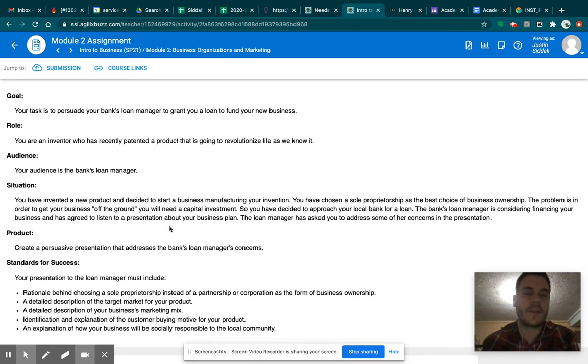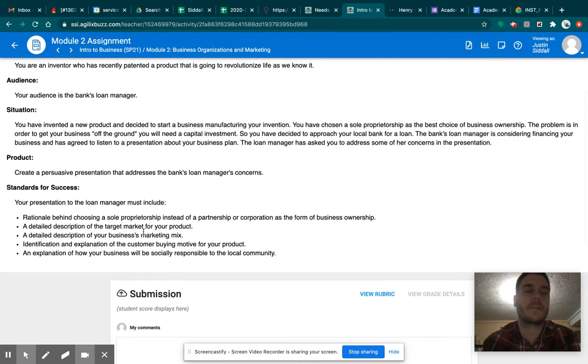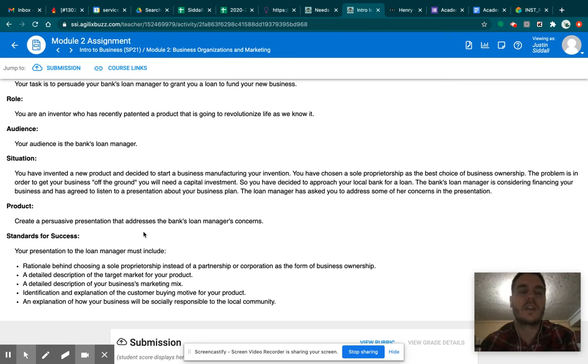And so with that, we have this situation in which we have to tell the bank's loan manager that we need the loan in order to do this. So here's the big deal. Create a persuasive presentation that addresses the bank loan manager's concerns, because he's concerned, well, if I loan you this money, how do I know this is going to be successful?